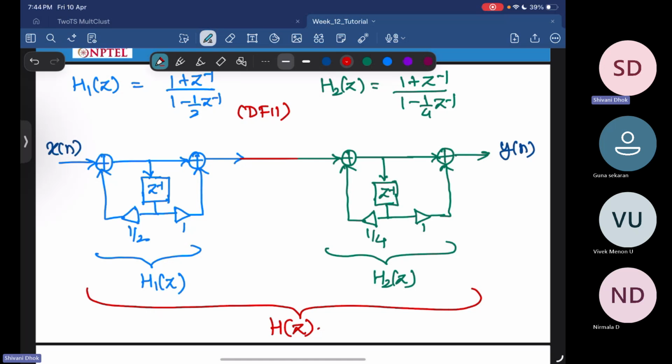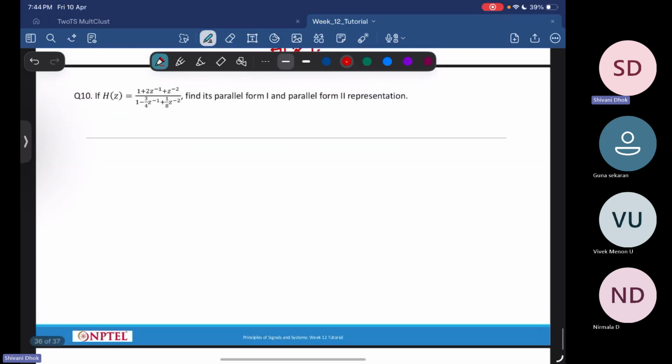Okay, if there are no questions, then let me move on to the last question that I have planned to cover today. It is again for the parallel form 1 and parallel form 2 representation. So we have H of z. In this particular question, I'll first get the transfer functions for both the systems.